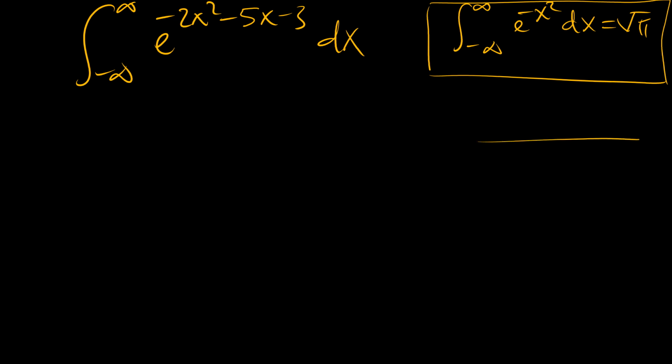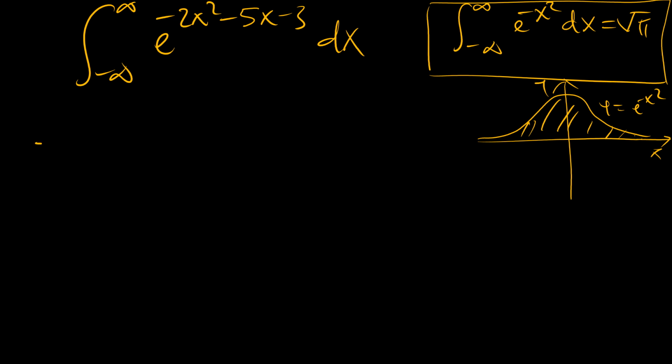And for those of us who don't know the Gaussian, the bell curve, y equals e to the power negative x squared, the area under here is square root of pi.